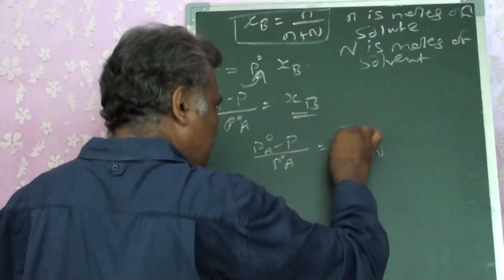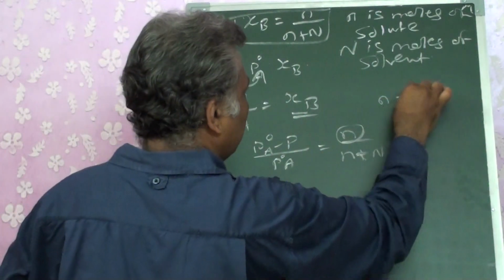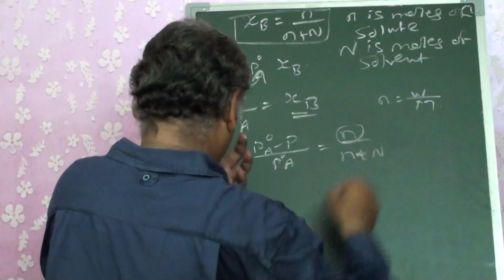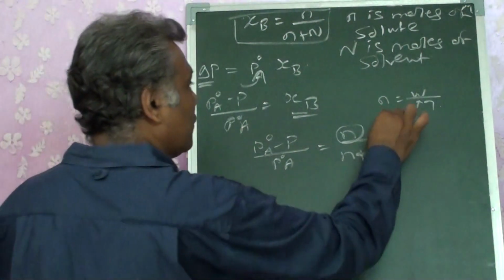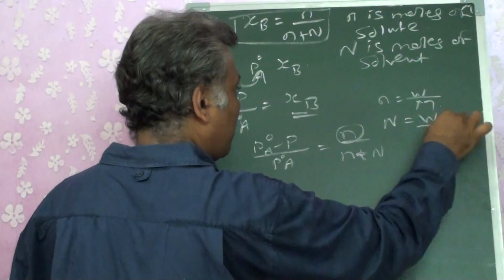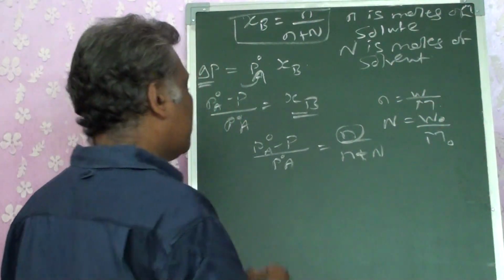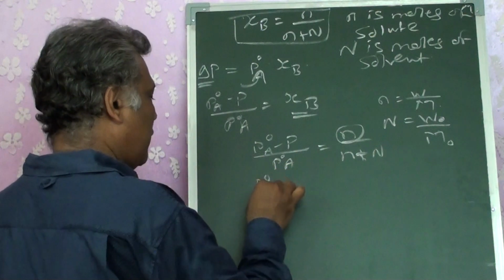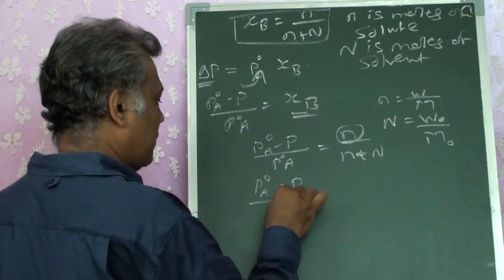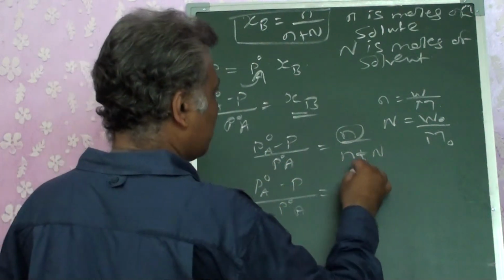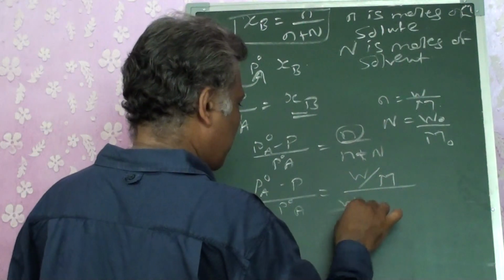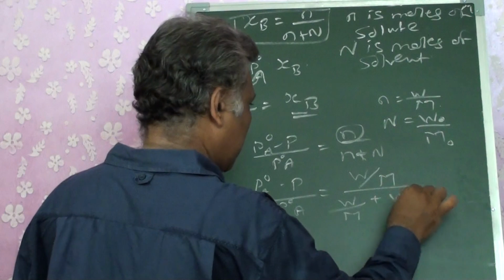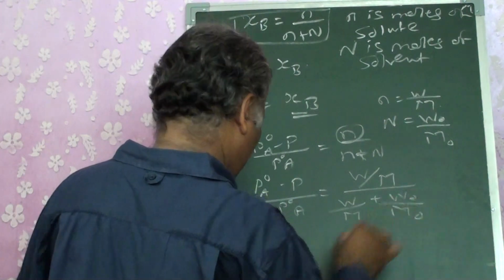Again, what is n? W by M, weight of solute upon molar mass of solute. What is N? W naught by M naught. So if we substitute, we get W by M upon W by M plus W naught by M naught.